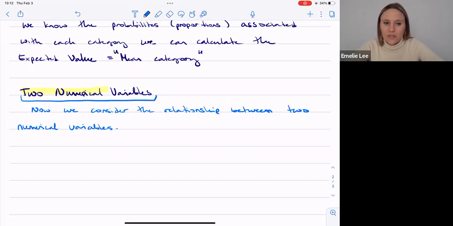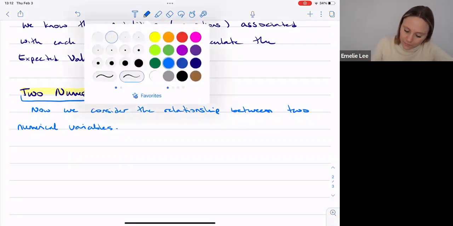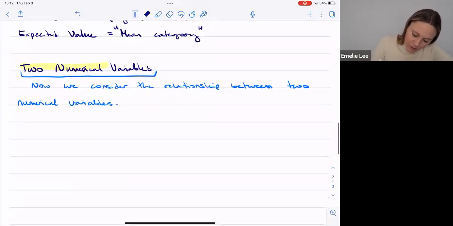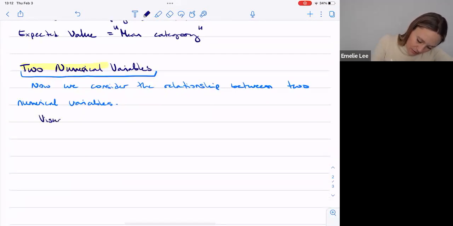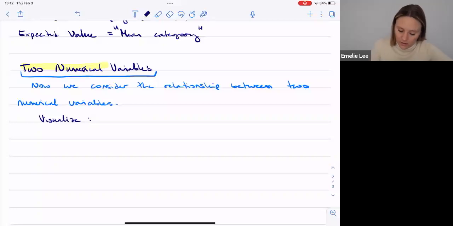So to summarize the relationship between two numerical variables, our obvious first stop is going to be a scatter plot, right? If I have two numerical variables, then my axes are actually numerical, and I can graph them, and we know what a scatter plot looks like, right? And so to visualize it, we're going to use a scatter plot.